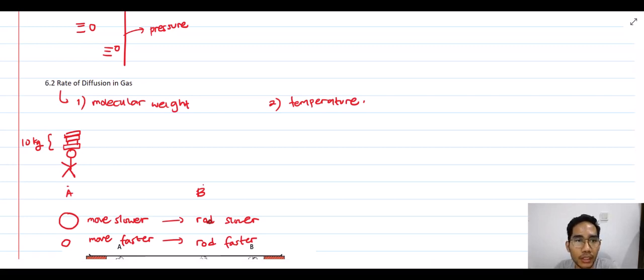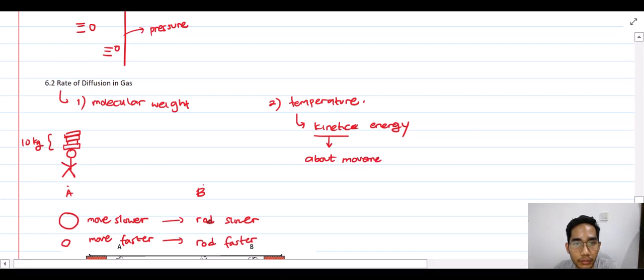Okay. Now, the temperature. Let's discuss why the temperature affects the rate of diffusion. I think this is easier to understand. Temperature has something to do with the kinetic energy, right? The higher the temperature, the higher the kinetic energy of the particles. Remember, kinetic is derived from a Greek word which means movement, right?